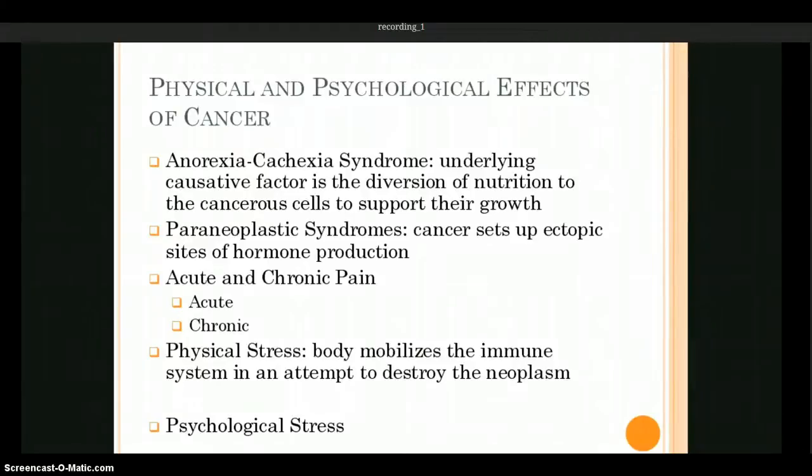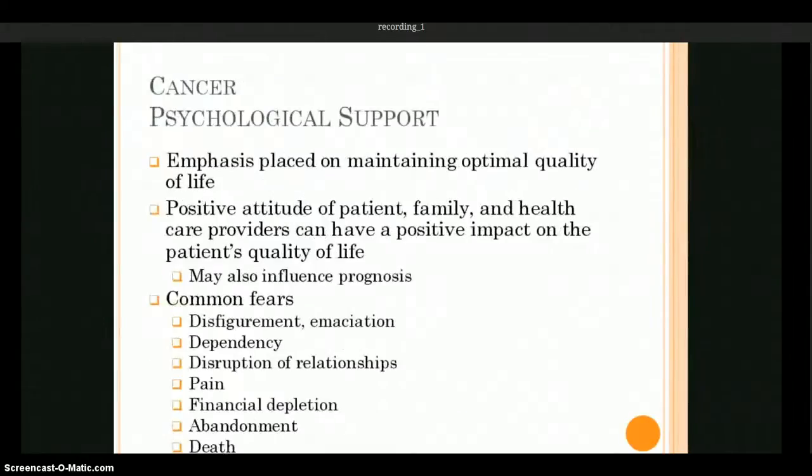It's very important that they get psychological support as well as physical support. We do know through research that a positive outlook, that positive support, does actually influence prognosis. And then I've listed for you some very common fears that patients with cancer have.